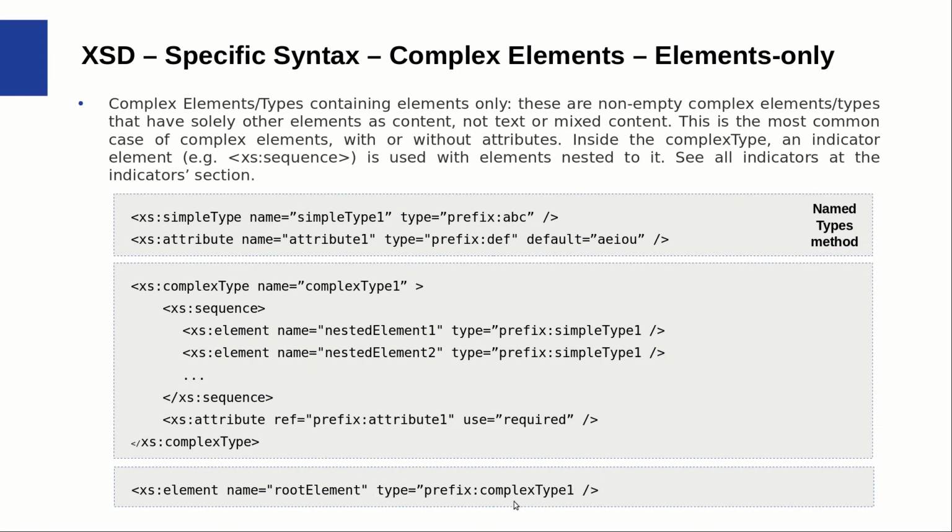By setting that complex type 1 with all the elements and other types nested and set inside using the type attribute for that global element. So this is what we've been doing in most of the other examples.